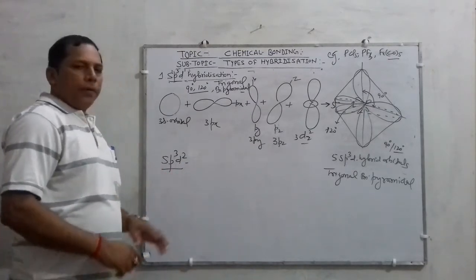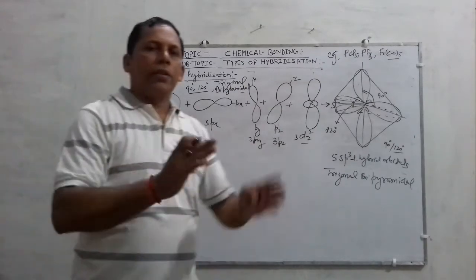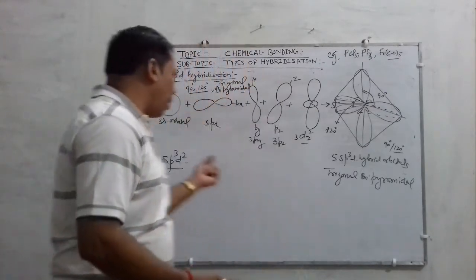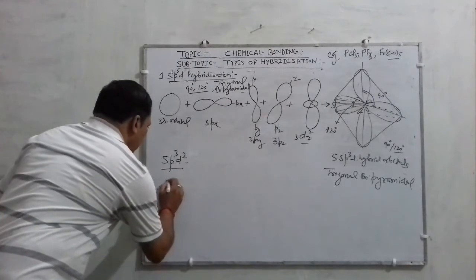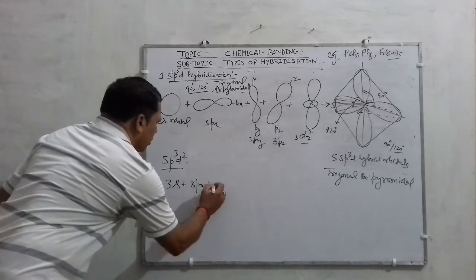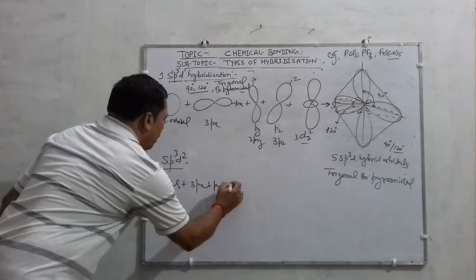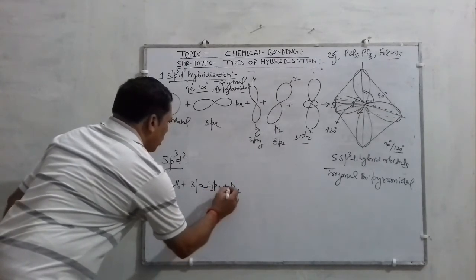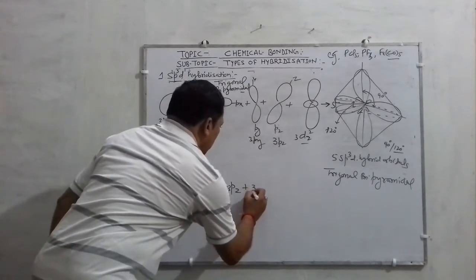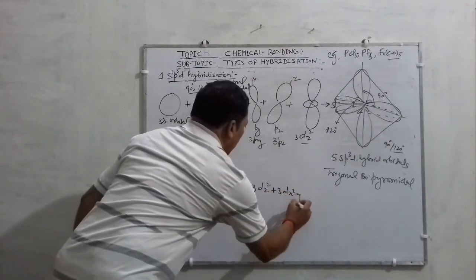In the case of sp3d2, among the d orbitals, the dz square orbital and dx square minus y square orbital take part. So that is 3s, all 3 p orbitals, px, py and pz, and 2d orbitals, 3dz square and dx square minus y square.